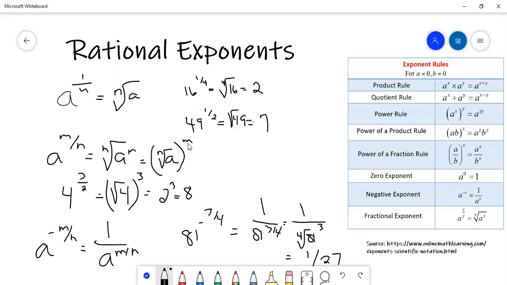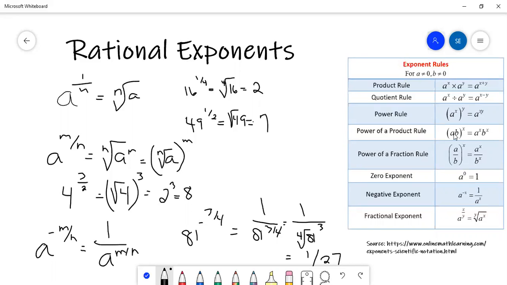I have here exponent rules. These aren't all covered in the chapter in the book, so I assume that this is meant to be a review. When we multiply the same base with different exponents, we add them. When we divide, we subtract. If we have a to the 3rd squared, we multiply those two exponents.